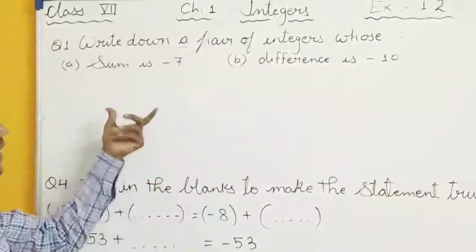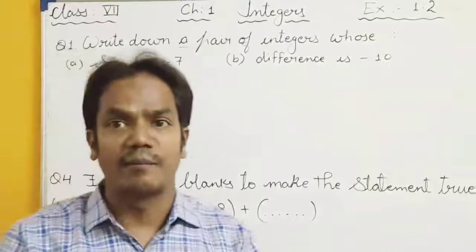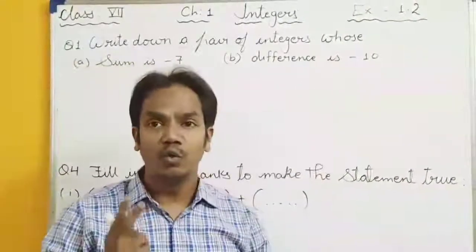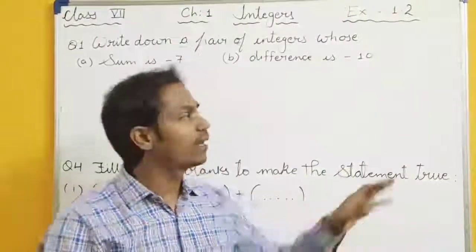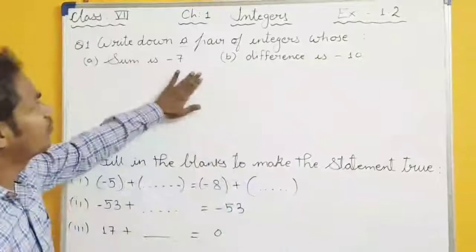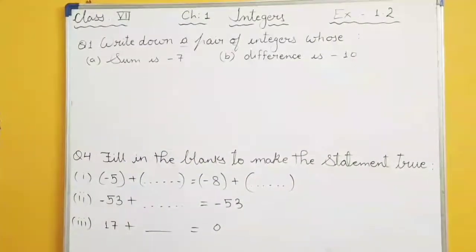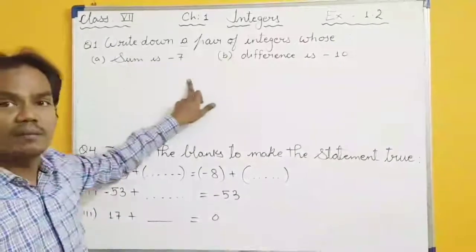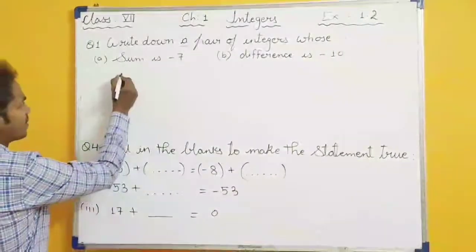You have to find two integers. When you add them, you will get minus 7. And here you have to find two integers. When you subtract them, you get minus 10. You can make thousands of pairs, but here you have to make only one pair. So write down the pair of integers whose sum is minus 7.